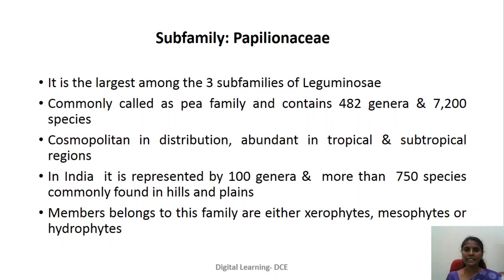This Papilionaceae is commonly called the pea family, which contains 482 genera and 7,200 species, which are cosmopolitan in distribution and occur abundantly in tropical and subtropical regions of the world. In India, it is represented by 100 genera and more than 750 species, commonly found in hills and plains.